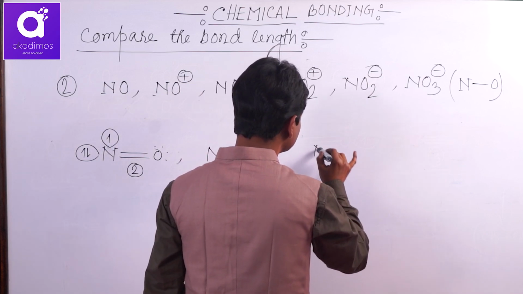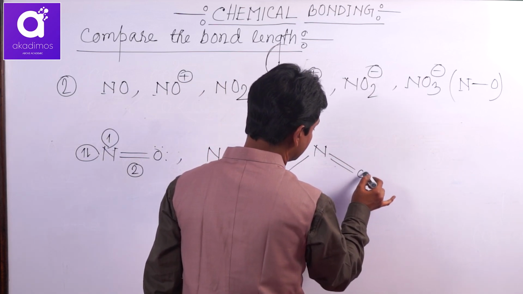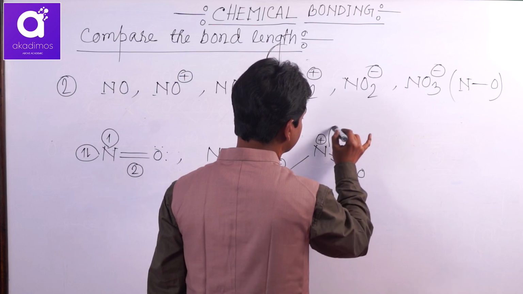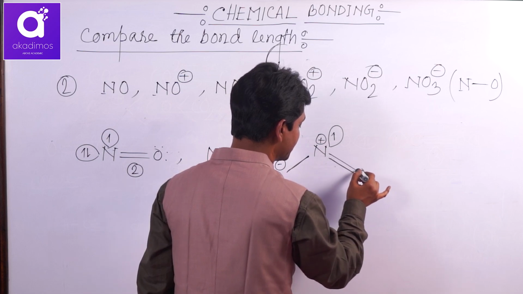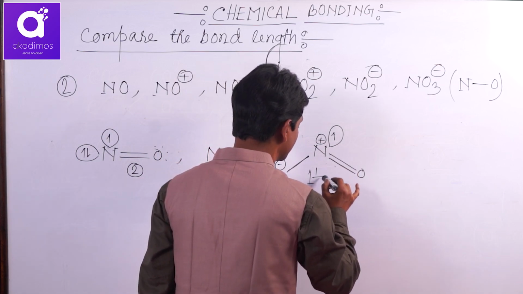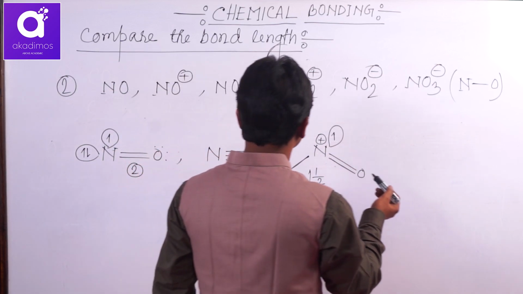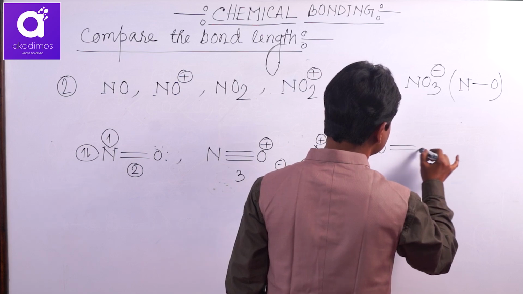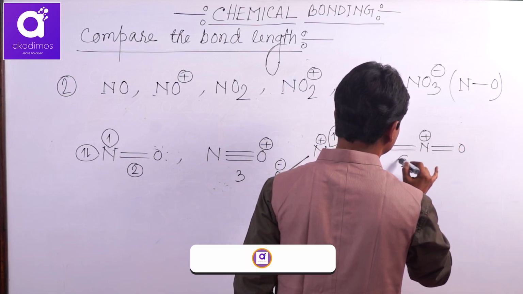Now NO2, you know, oxygen minus and nitrogen plus with an odd electron. Here also you have to consider resonance. One sigma is fixed, pi is equally distributed among the 2 oxygen. So here bond order is 1 by 2, or you can say 1.5. Now NO2 plus, the structure is this, here bond order 2.